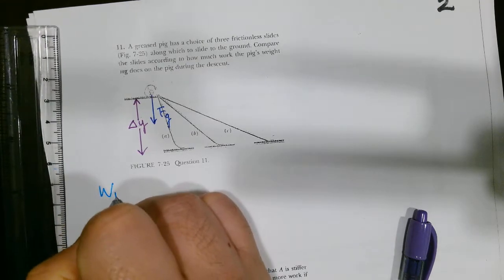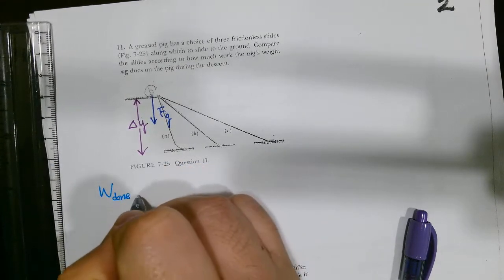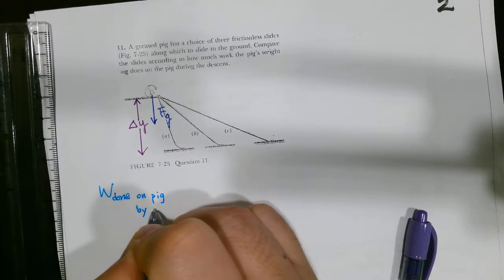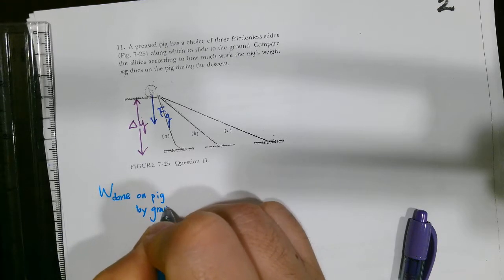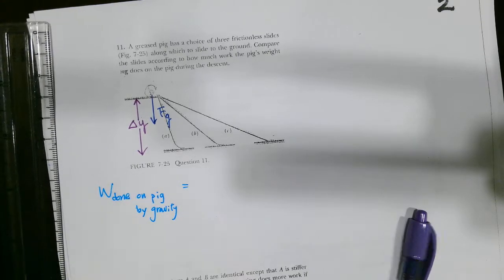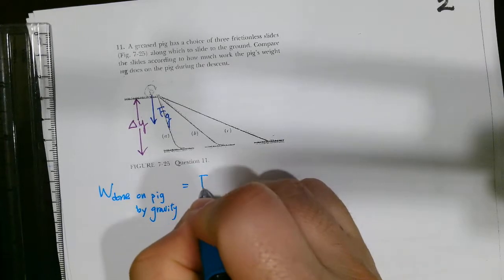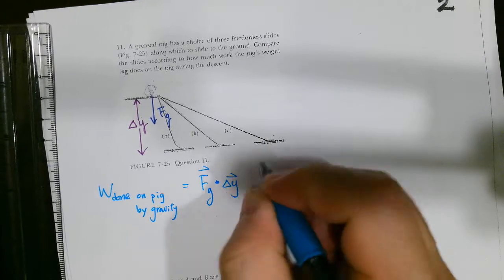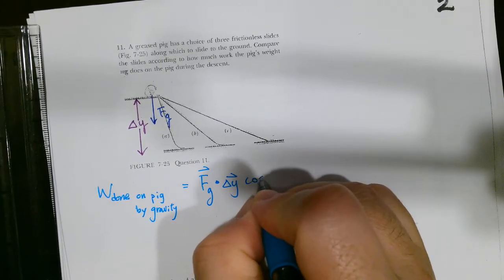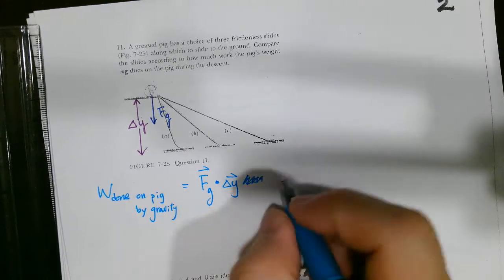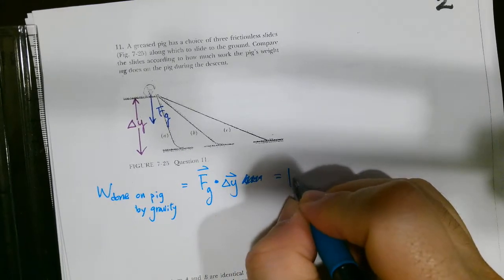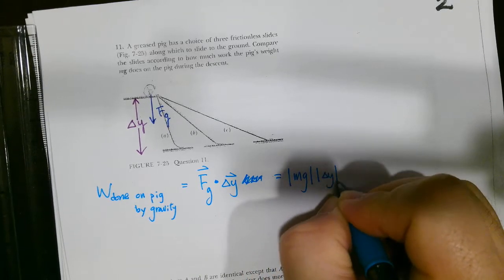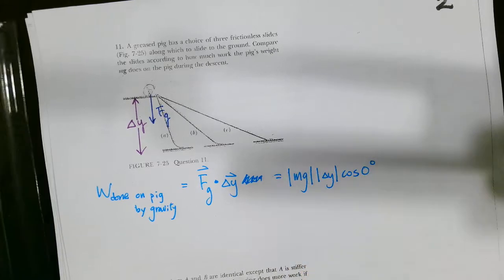Work done on the pig by gravity is equal to simply Fg dot delta y, so that is equal to mg times delta y times cosine of 0 degrees.